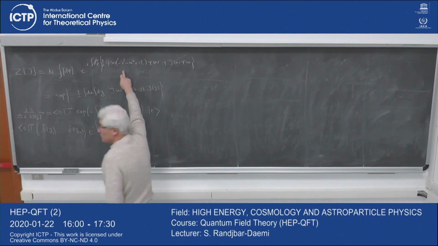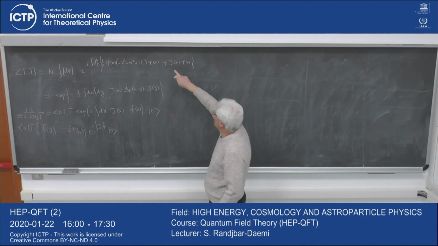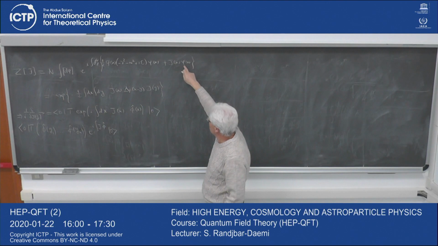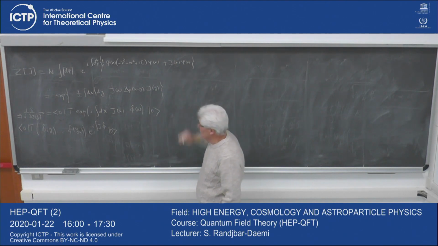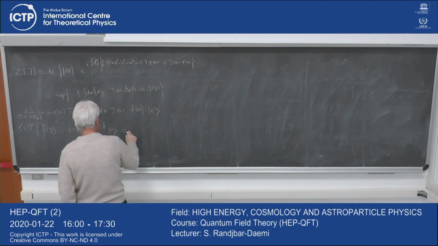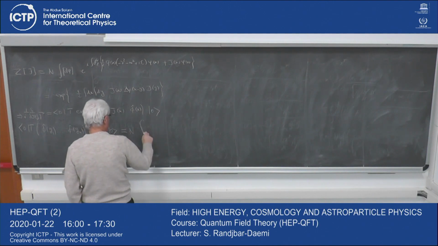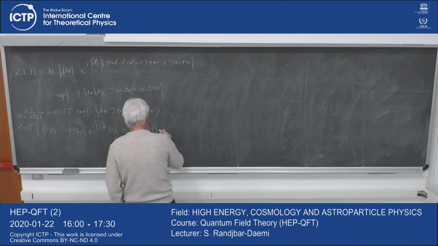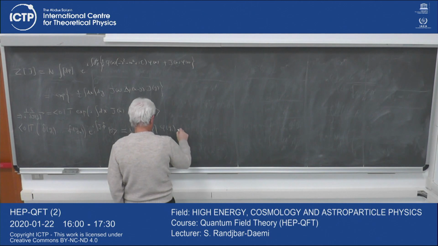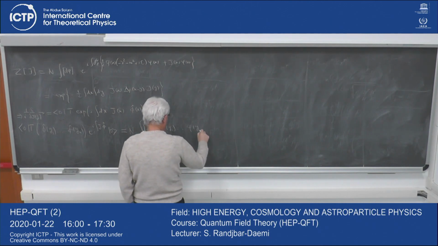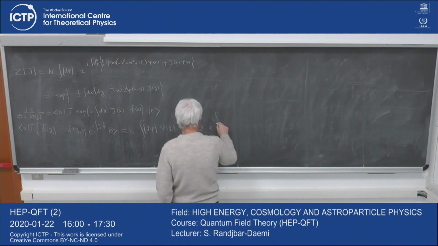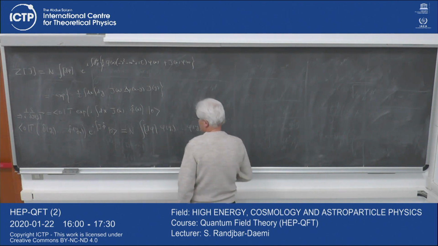And then if you do the same operation here, the only place where J appears is here, and there's a factor of i in front. So the same operation will bring down this φ on the integral side. So it will be equal to the normalization constant, and in the integrand you will have φ y1 up to φ yn times the exponential of the same action, the same objects.